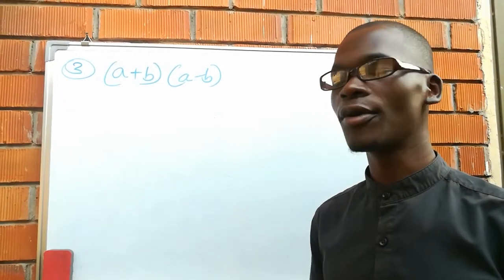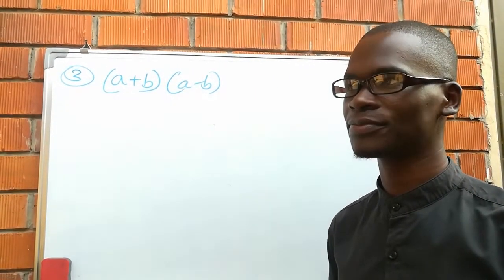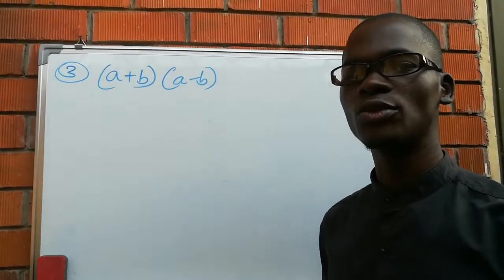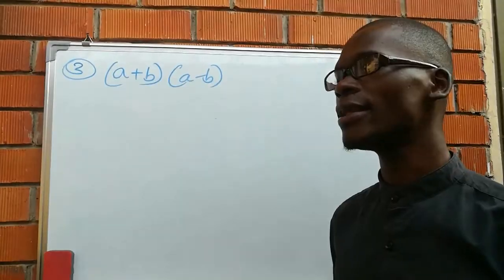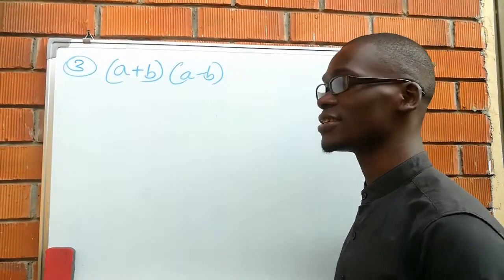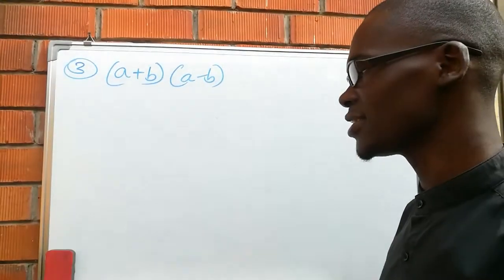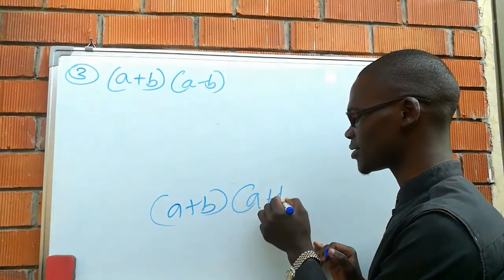Now, our third identity is what we call the difference of 2 squares. In the 2 identities above, we had 2 brackets of the same signs. For instance, we had a plus b and a plus b.